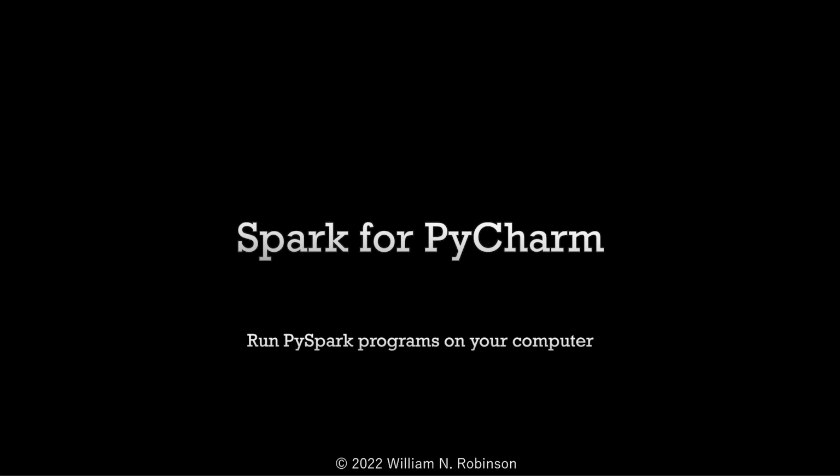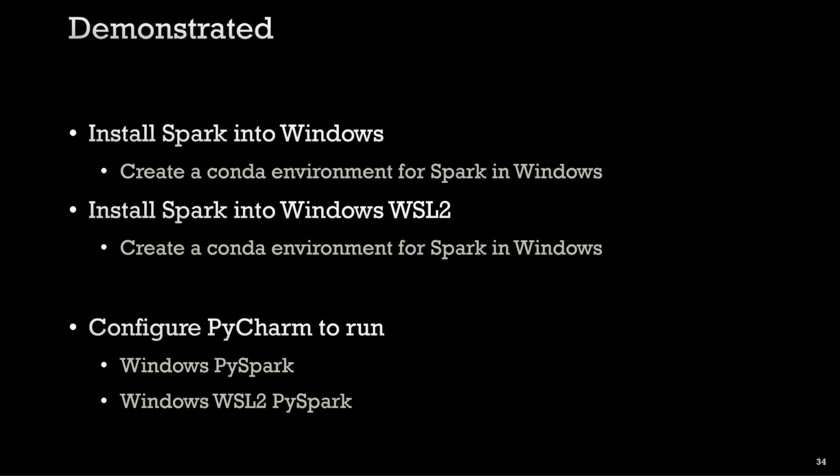So I demonstrated how to create a Conda Spark environment in Windows, also a Conda Spark environment in WSL2 on Windows. If you look at some of the ways in which that was installed, that would be very similar for installing it on a Mac, in the sense that they're both Linux computers or Unix computers.